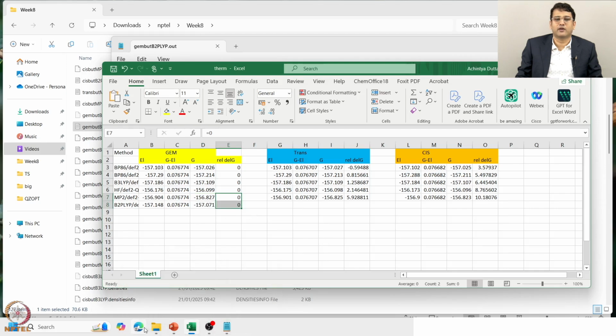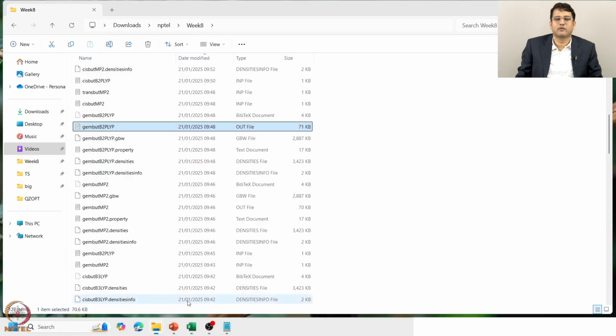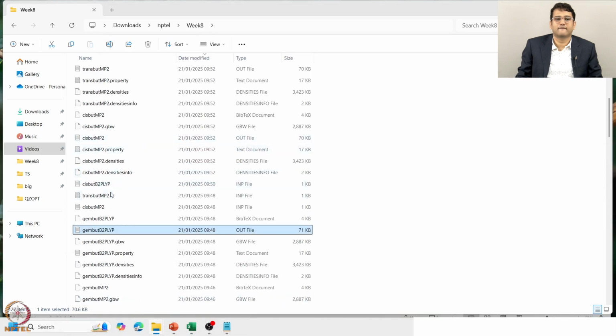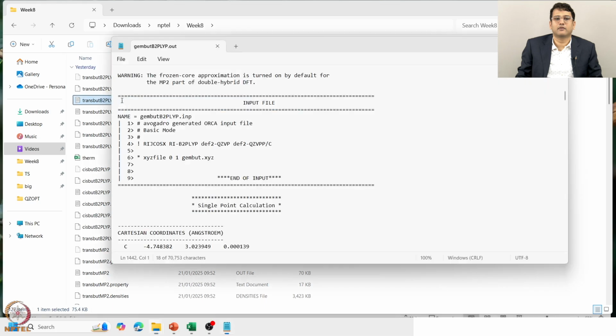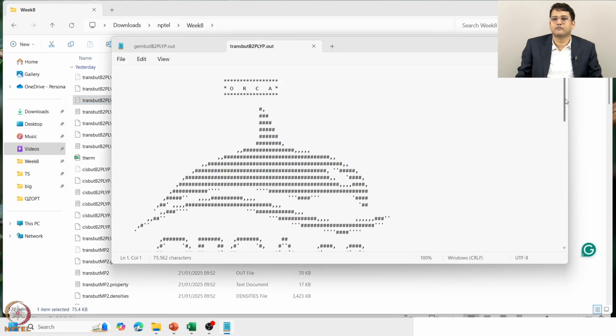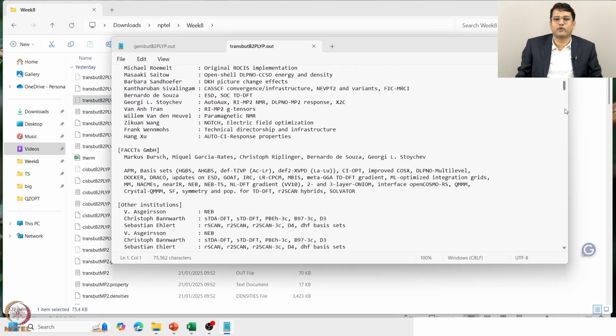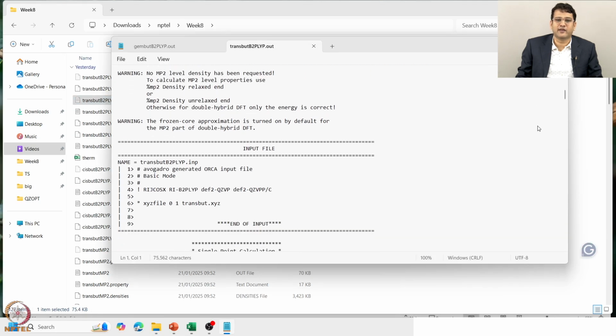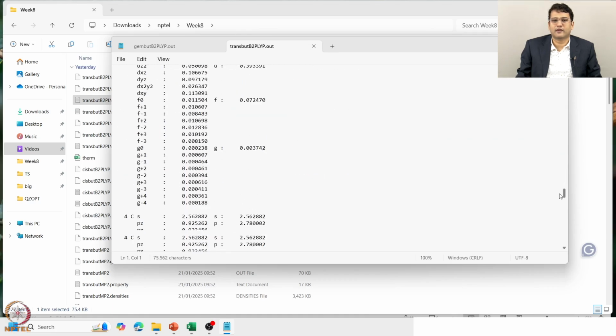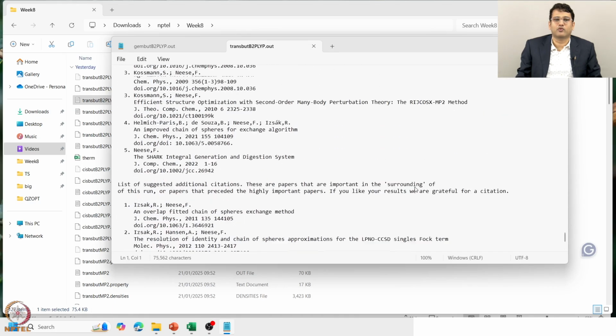Now, go to the trans isomer. Then it is always a good idea to at least see the first few lines, because the input file is printed here. So, if there is anything wrong in your input file, you should have a look into it. Okay, let me go to the final.